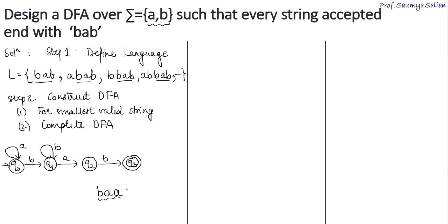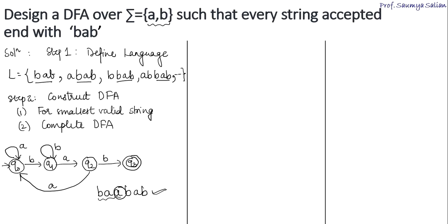Yes, I can make it valid if I know at the end, if I get BAB. So where shall I put the transition of A such that even in future if I get BAB, it should reach the final state? From the diagram over here, I can find out that if I put the transition of A to Q1, I am getting this input B, A, B. Right? So this justifies my answer.